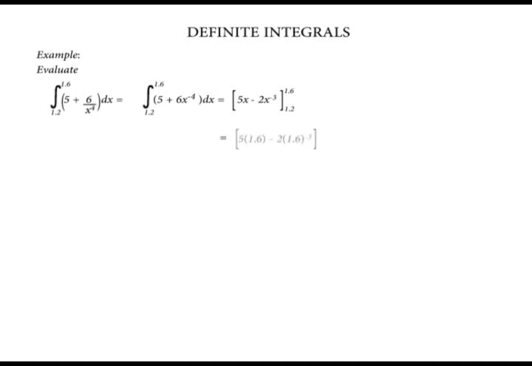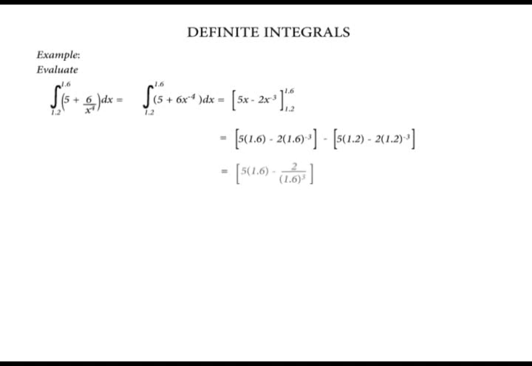So we shall have 5 times 1.6 minus 2 times 1.6 raised to power negative 3 minus, to get the integral value for the lower limit, we substitute in 1.2. So we have 5 times 1.2 minus 2 times 1.2 raised to power negative 3.